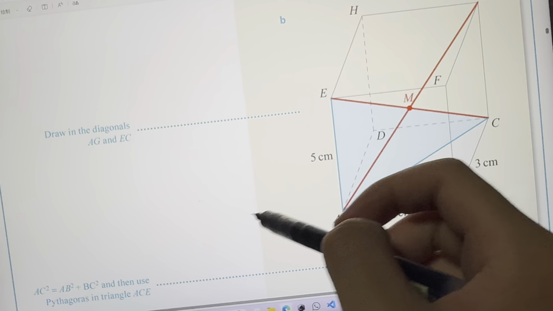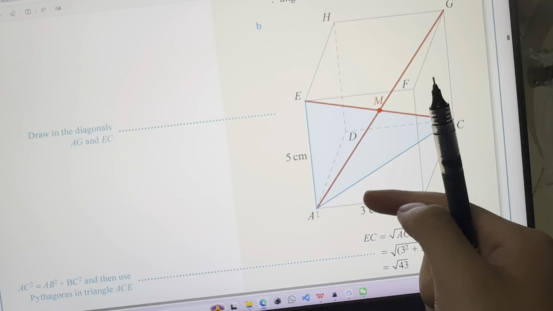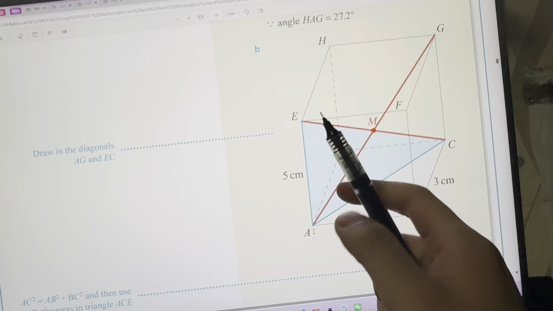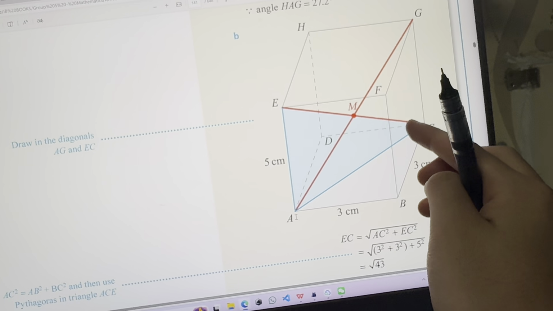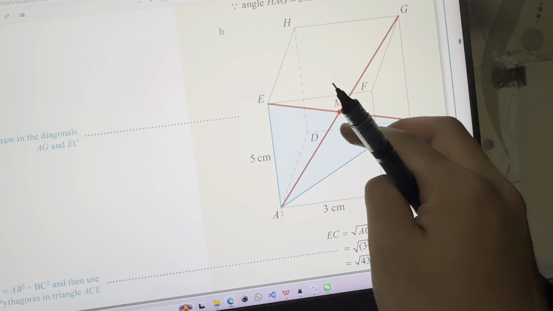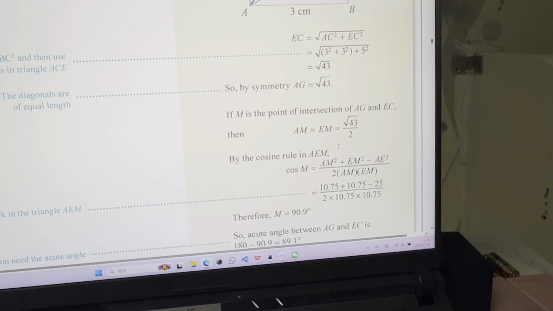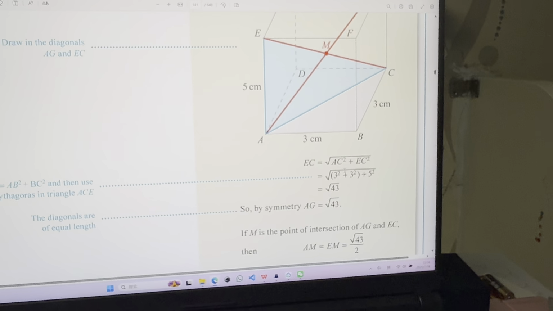Then we know that AC is equal to 3 times square root 2. Then we can calculate this angle, because this angle is equal to this angle, as this triangle has these two lines the same. I don't know how they calculate it. No, it's not the fastest.